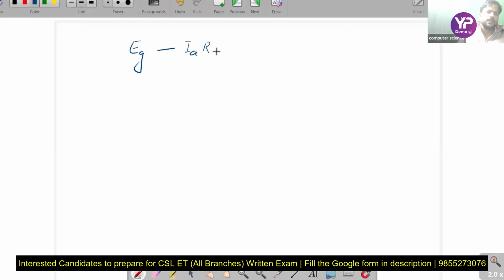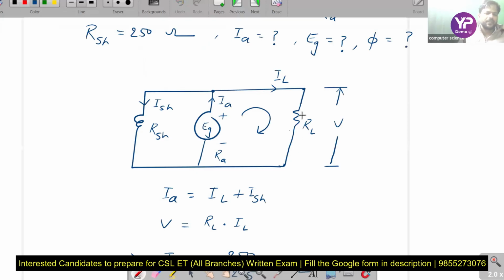Here the voltage across the load is given, so we directly take the voltage across the load V. Current always flows from high voltage to low voltage, so the initial polarity is positive and the final polarity of that element is negative.